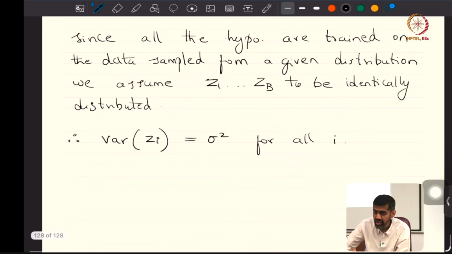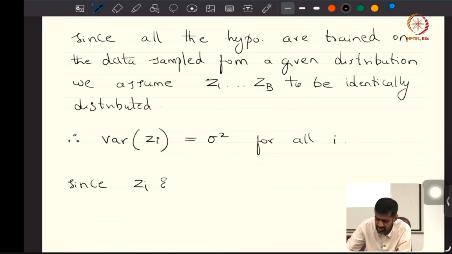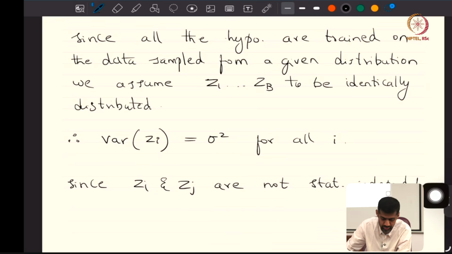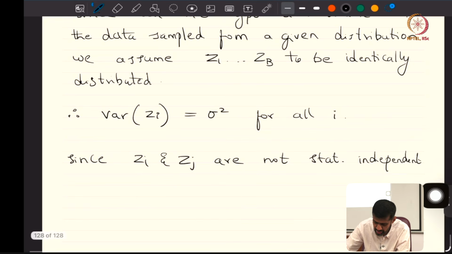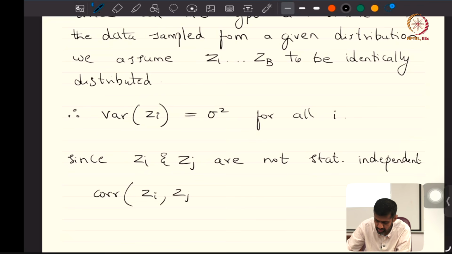Since random variables Zi and Zj are not statistically independent, we can compute the correlation between these two random variables, call it rho, for all i not equal to j.